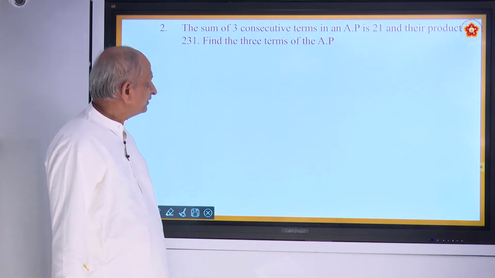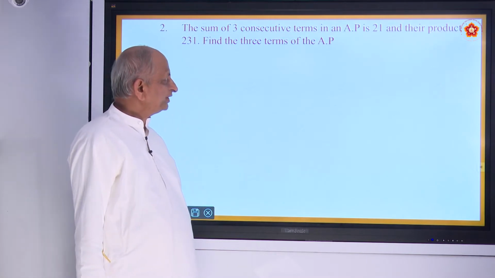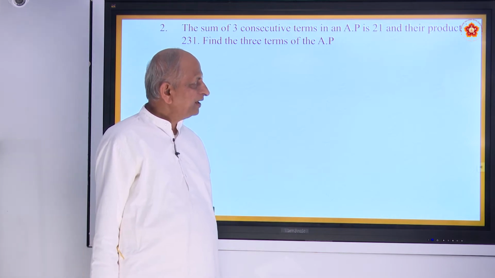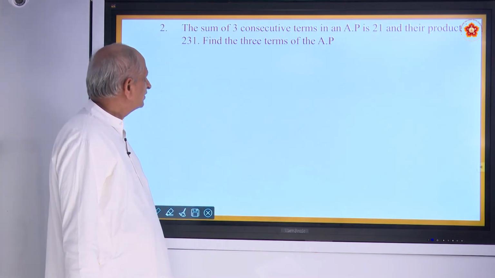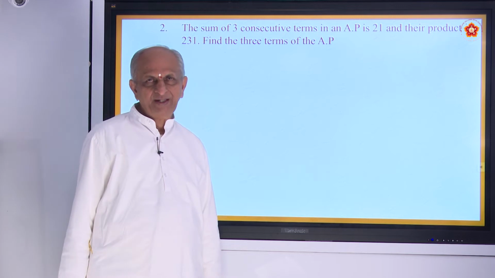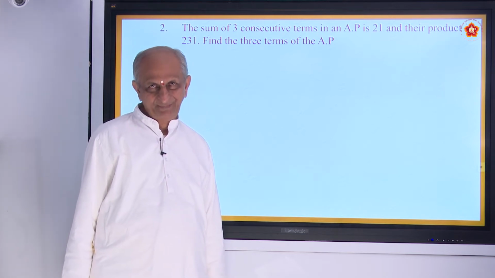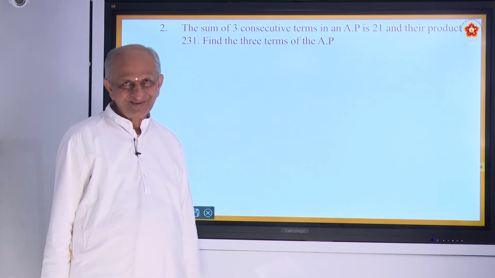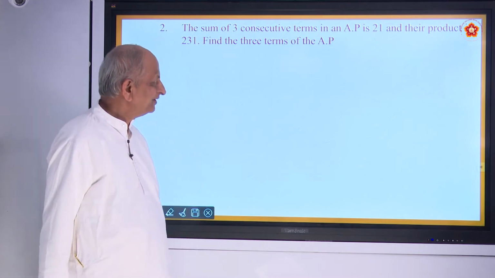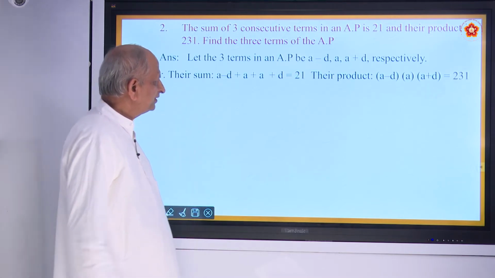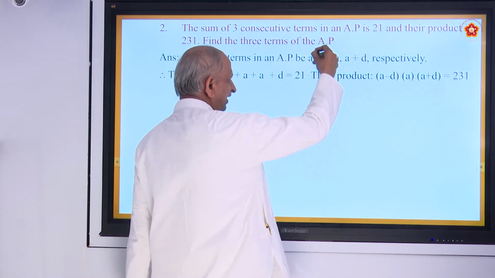Coming to the second question. The sum of 3 consecutive terms in AP is 21. The product is 231. Find the 3 terms. It's a very peculiar question because it deals with 3 terms. So we will take it as we have done in the previous class.